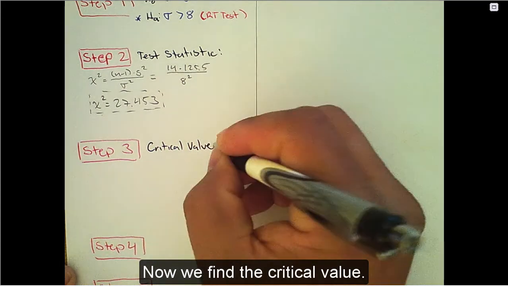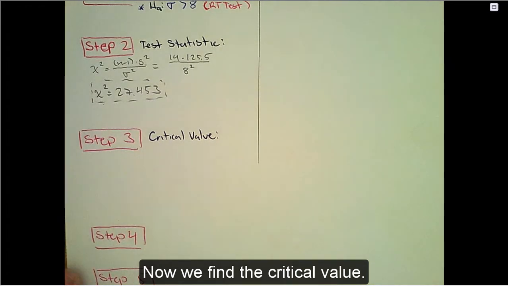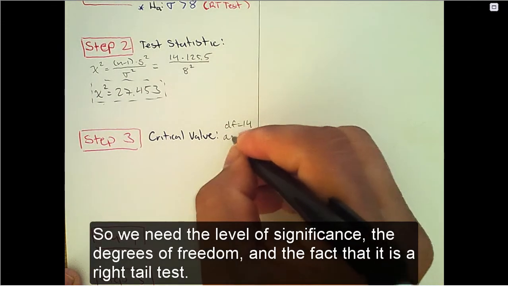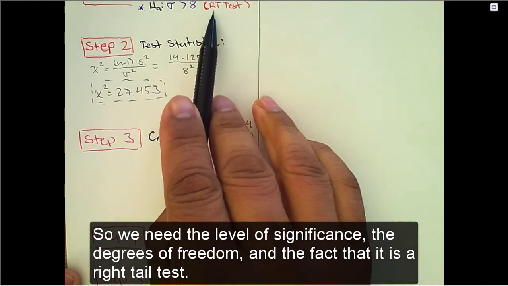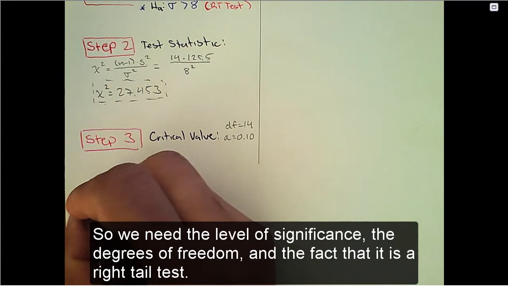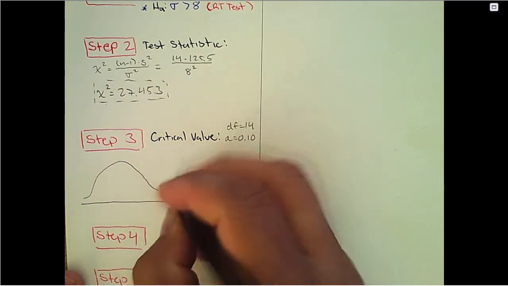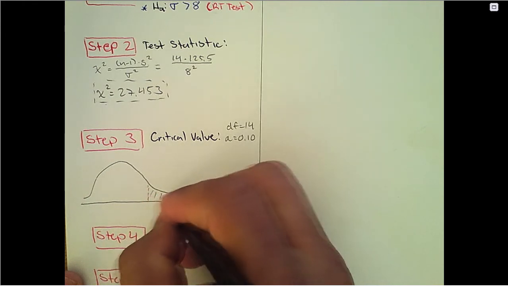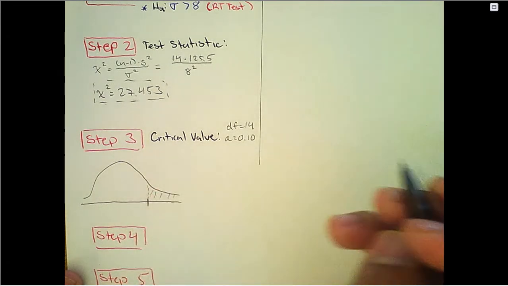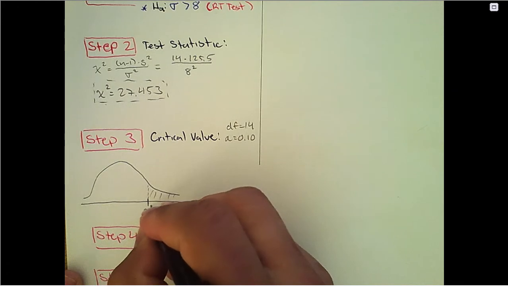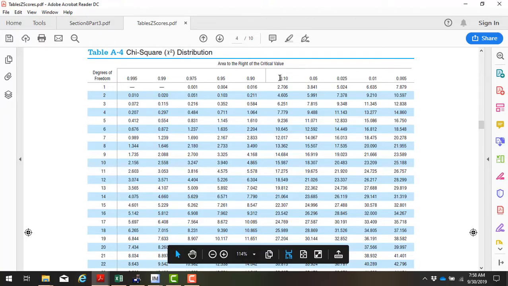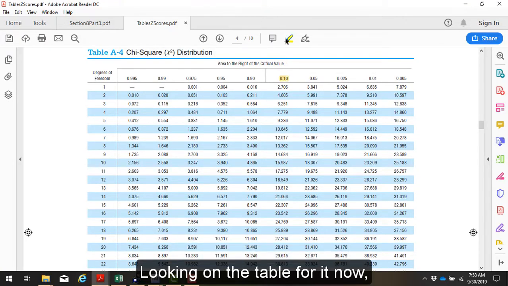Now we find the critical value. So we need the level of significance, the degrees of freedom, and the fact that it is a right-tailed test. Looking on the table for it now.